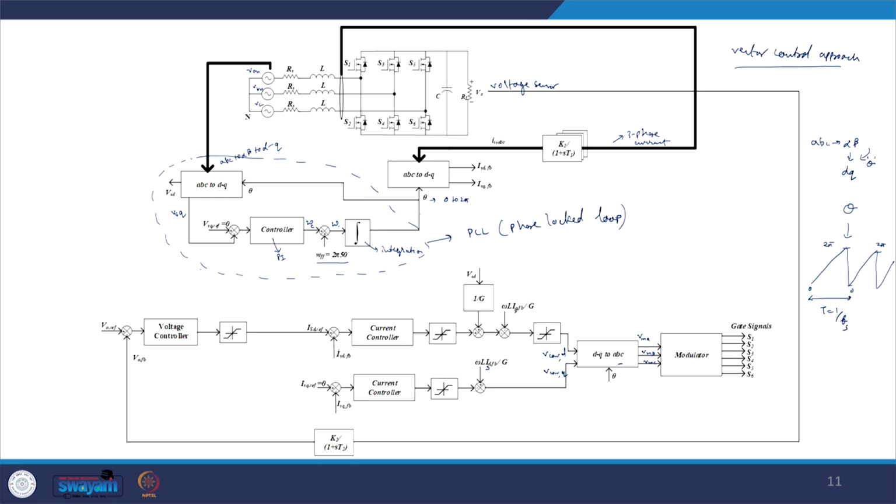This is how we can get unity power factor operation along with regulating the output voltage V naught at the desired value, and that is how we can ensure the closed loop operation of the 3-phase AC to DC converter.